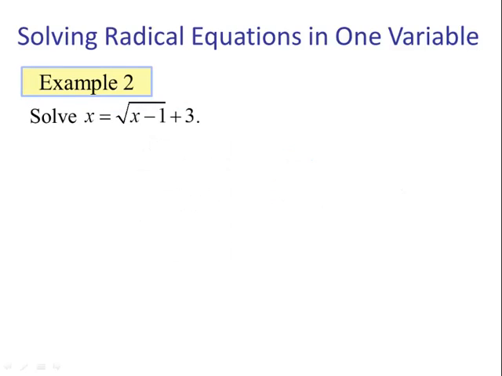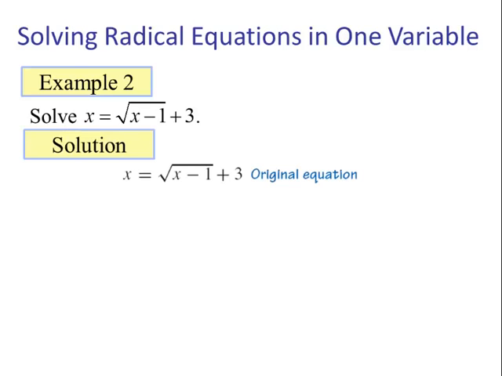Example 2. Solve x equals the square root of x minus 1, plus 3. Solution: we start with the original equation. Our first step is to isolate the radical. So I need to get rid of the plus 3. I subtract 3 from both sides, and I have x minus 3 equals square root of x minus 1.